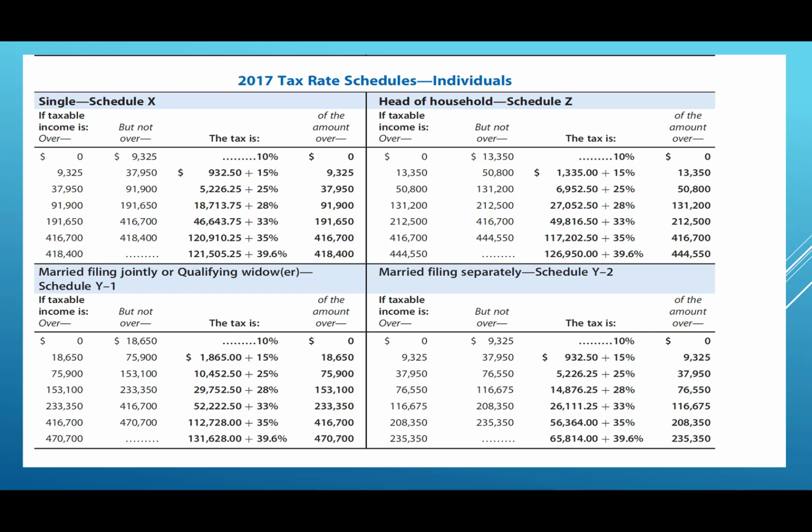So what happens? You want to file jointly, because if you file separate, they're going to really hit you with a higher tax rate. The highest tax rate is the filing status of married filing separate. The next highest is single. Then you have head of household. Head of household is if your spouse dies and they give you a couple years to still file as married, and after that, you're maintaining a home for your children.